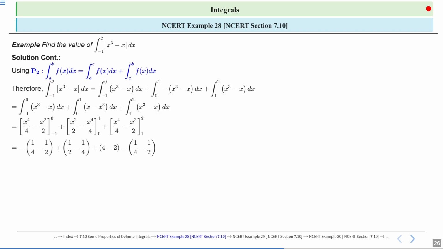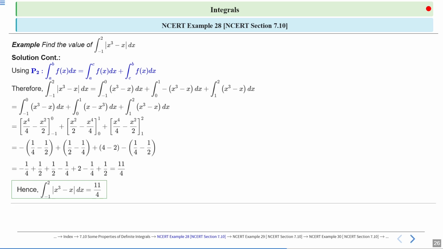Plus for the third part, we get 4 minus 2 when we substitute 2, and then minus f(1), so 1 by 4 minus 1 by 2. When we simplify, we get 11 by 4. And that is the value of the definite integral.